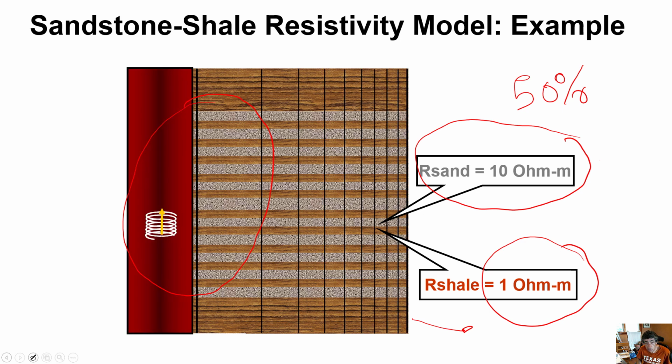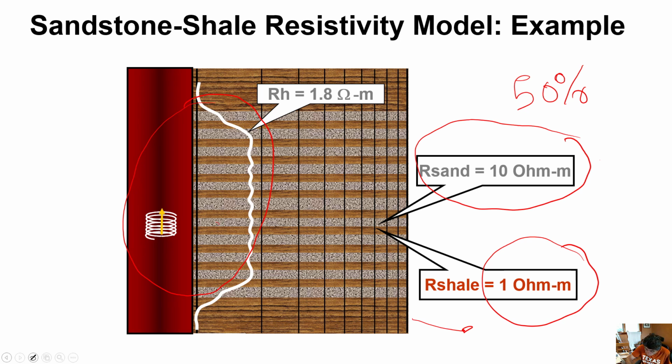Now, suppose that you make your measurements, and you have a tool that uses induction coils here, so you induce electrical currents that are parallel to the bedding plane, or you may have the other one. But when you enforce electrical currents that are parallel to the bedding plane like this, and you take an average of this whole sequence, guess what?